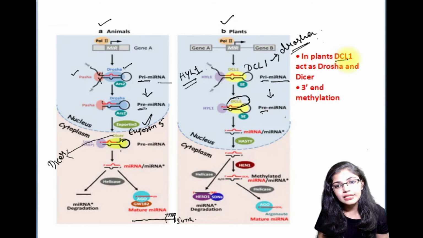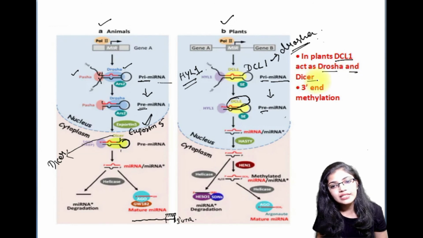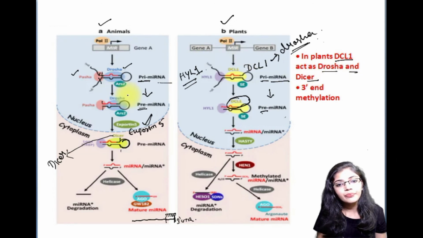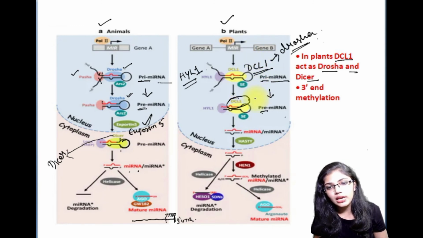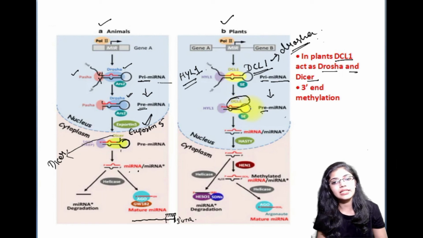Now DCL1 is acting as DROSHA as well as dicer, because inside the nucleus, DROSHA was working for the conversion of pri-miRNA into pre-miRNA, and dicer was working for the formation of miRNA from pre-miRNA. So the work of both DROSHA and dicer is done by DCL1 in case of plants. See here we have pri-miRNA over here. The process from pri-miRNA to pre-miRNA is done by DCL1, and the formation of the miRNA duplex from pre-miRNA is also done by DCL1.